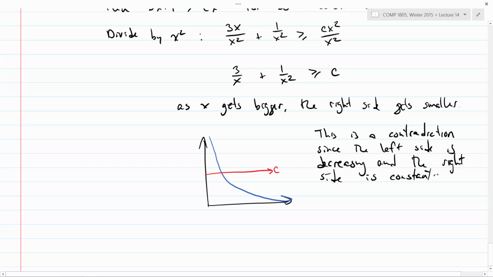Right, so this is the game where you pick a number and I have to pick a number that's smaller, a real number. So this shows that 3x plus 1 is not omega of x squared. Does that make sense?